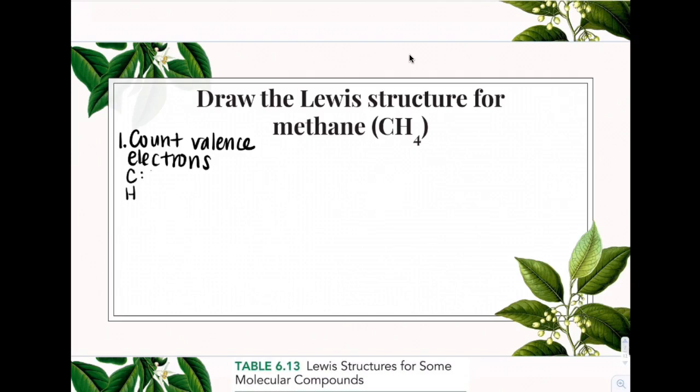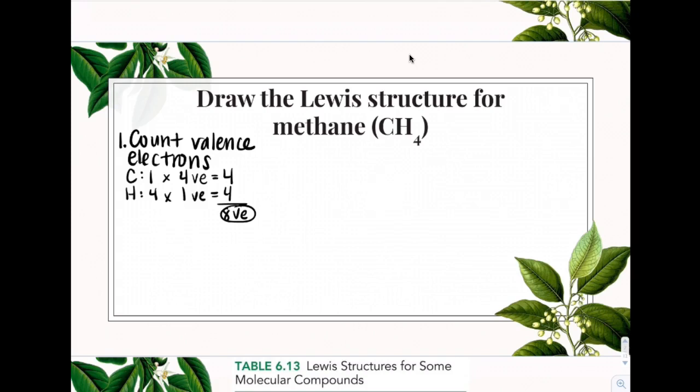I have 1 carbon. Each carbon has 4 valence. I have 4 hydrogens. Each hydrogen has 1 valence. So carbon total is bringing 4 valence to the table. Hydrogen total is bringing 4 valence to the table for a total of 8 valence electrons that need to be in my structure. And so when I'm working through, that's where I need to start.